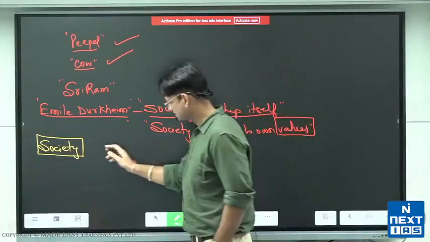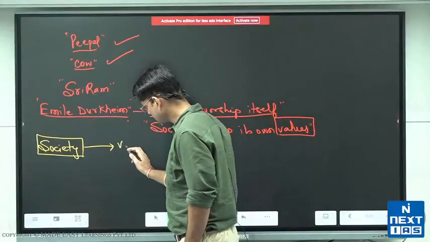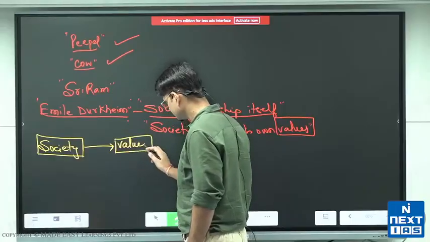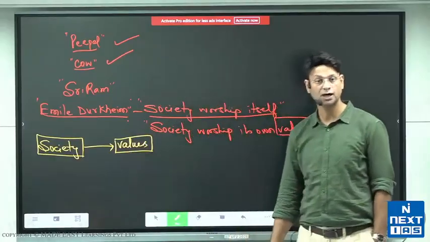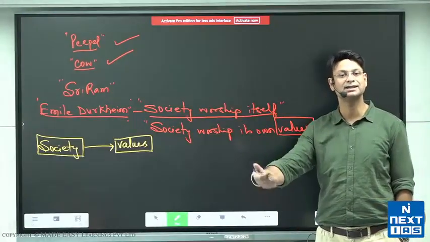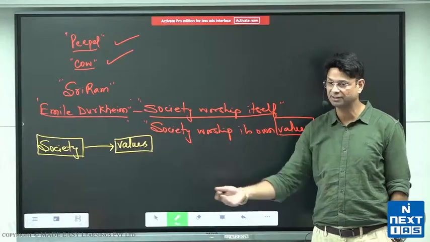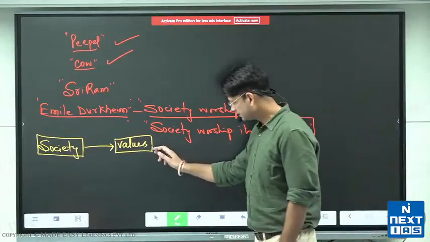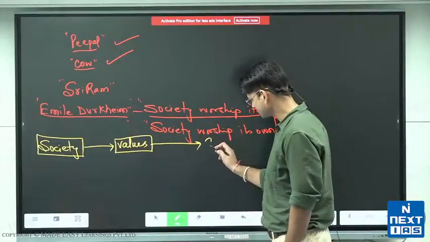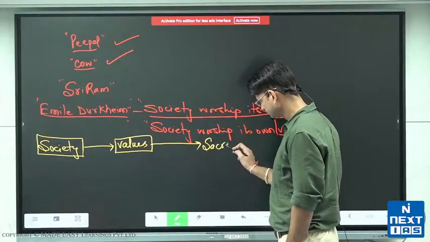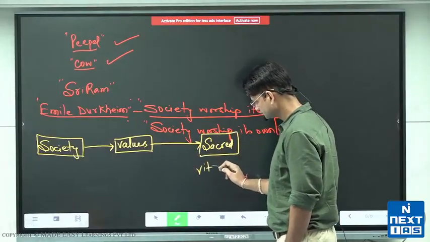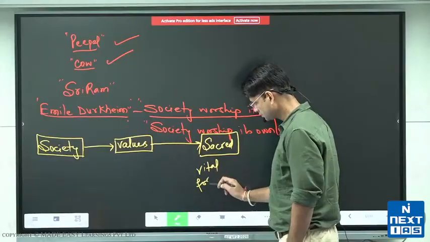So if society's survival is dependent on those values, how to maintain the value system? You need to practice the values again and again so that society can survive. So these values, which are very, very important, are given the sacred status. Sacred means that which is vital for societal survival.